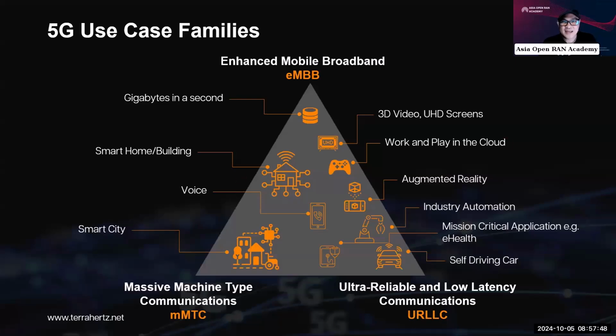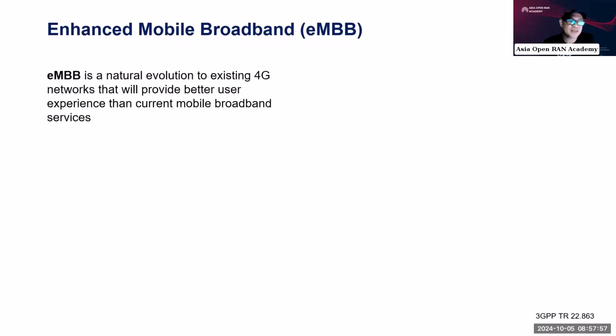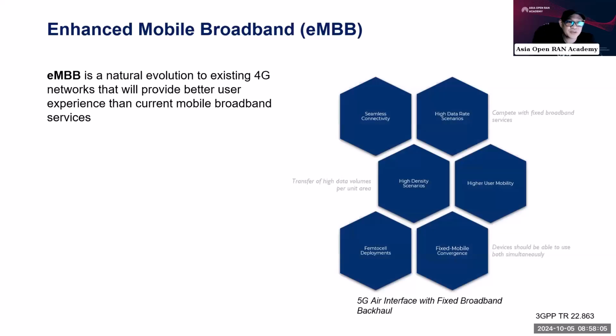Now let's move one by one, no, sa different use cases. Like for example, here in the enhanced mobile broadband, eMBB. eMBB is the natural evolution of existing 4G networks that will provide better user experience than current mobile broadband services. So enhanced mobile broadband yan.